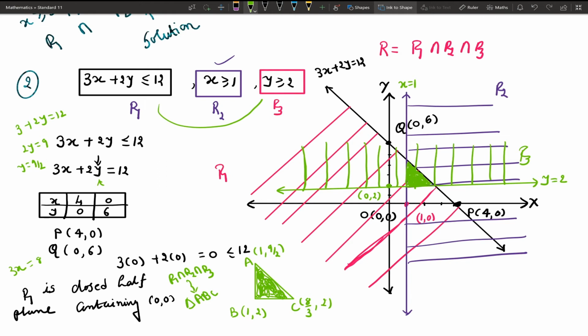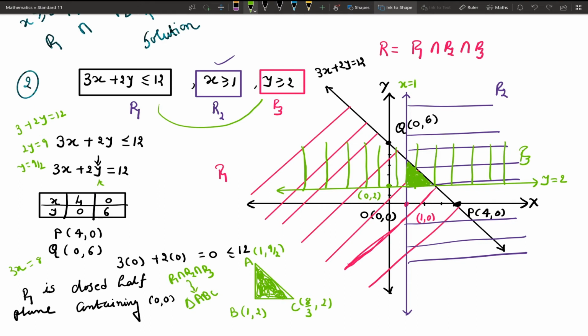If 4 inequalities are given, say the fourth region R4, then you have to find the intersection of all those 4 inequalities, R1 intersection R2 intersection R3 intersection R4.